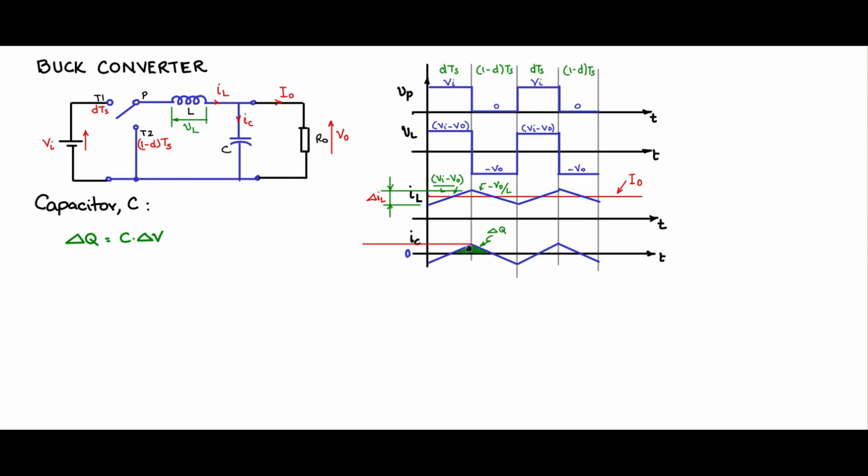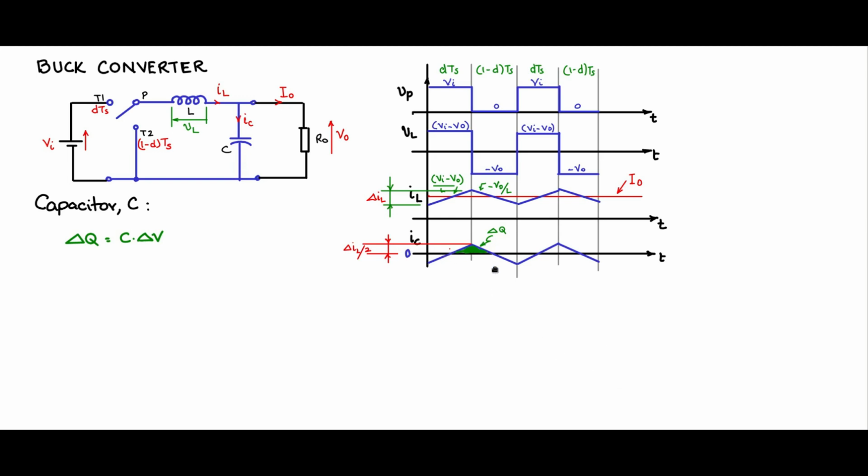So let us try to find what this area is. This is a triangle, therefore half base into height. Now let us find out the height. Height is the distance from 0 to the peak of the triangle, and that we know is delta IL by 2, because this whole height from here to here is delta IL. So this is delta IL by 2.